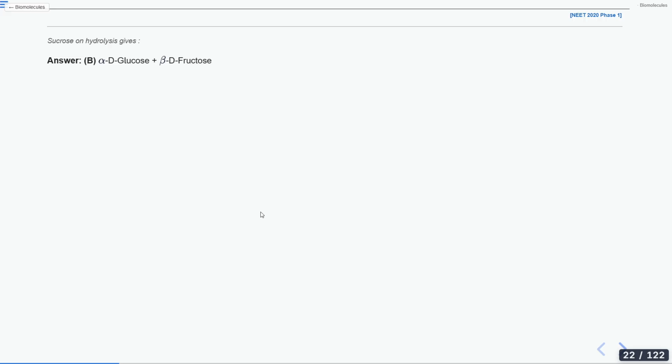Which type of glucose will we get? Sani, Janni V and Kritika are telling alpha D glucose. Yes, it is true. We'll get alpha D glucose.